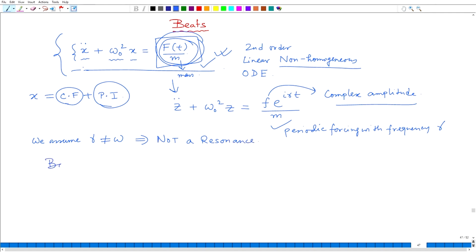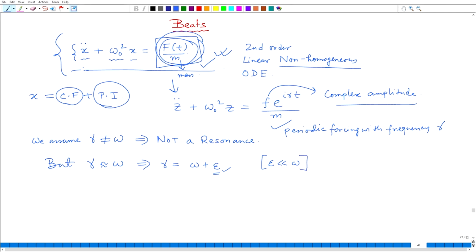However, we can say gamma is almost equal to omega, and let us say gamma is equal to omega plus epsilon. Epsilon can be positive or negative both, that is not a very important thing here, but epsilon is non-zero, but it is very small. So, I can write epsilon is very small with respect to omega.